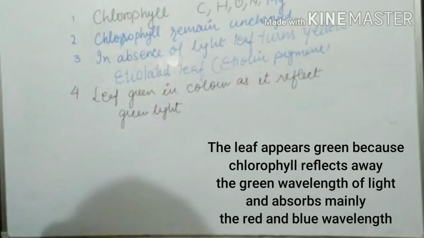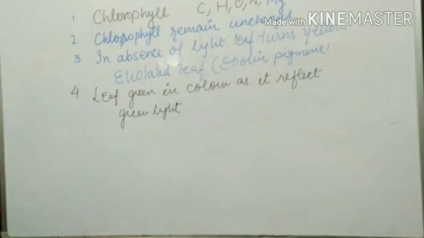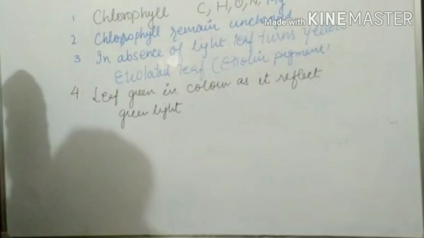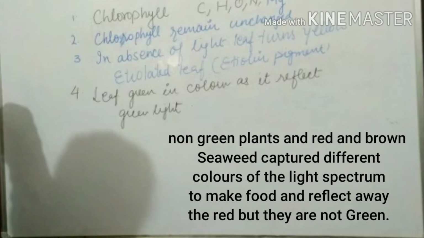And now the most important question is, as the leaf reflects green light, is it possible to have photosynthesis in green light? No, photosynthesis is not possible in green light because the leaf reflects green light.